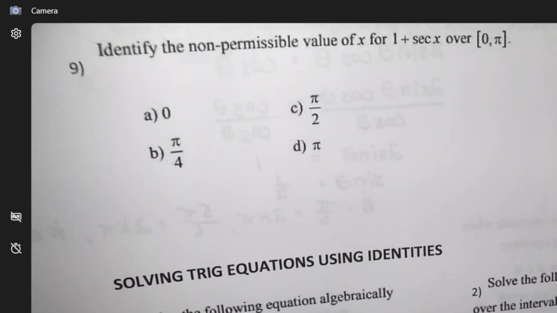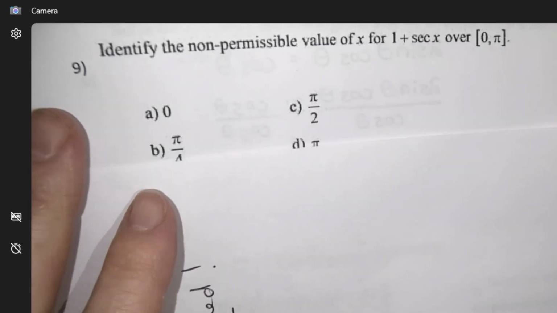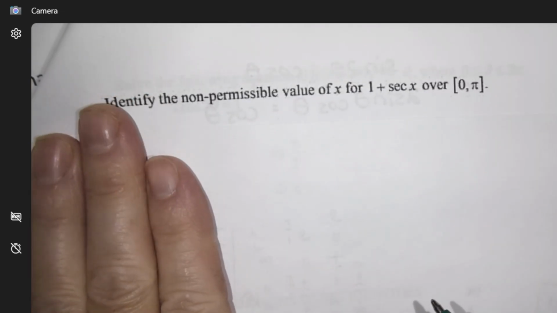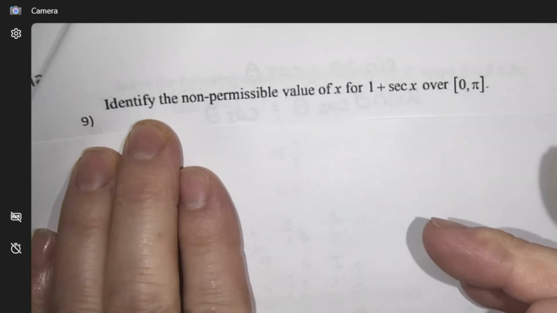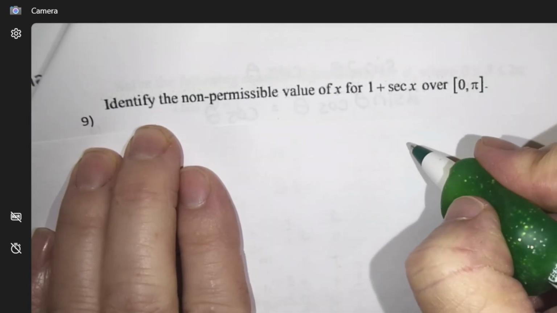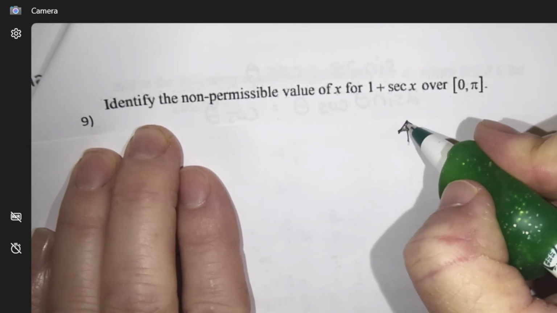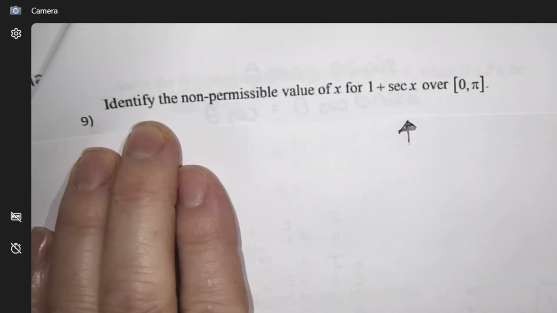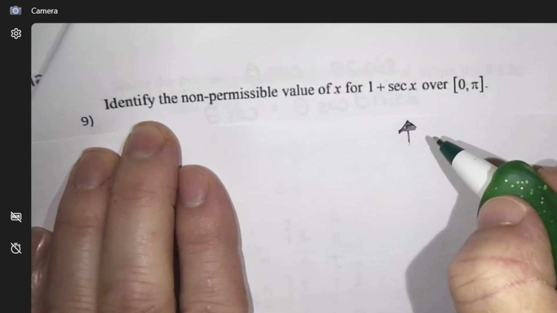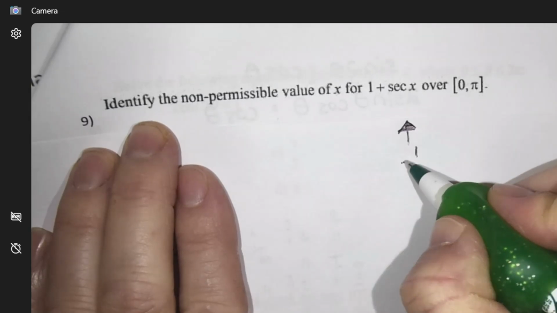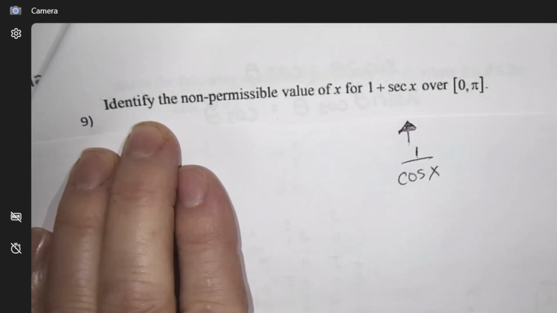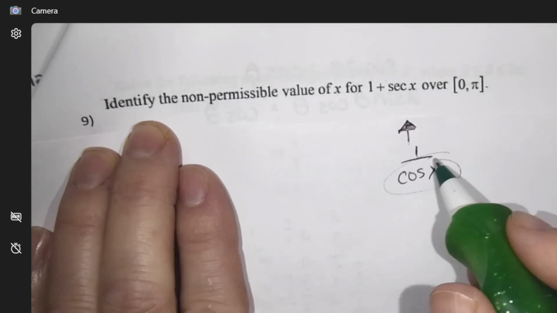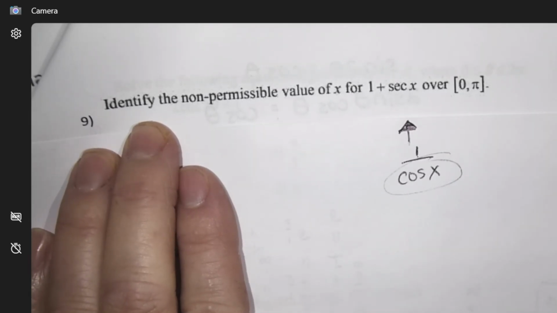Okay, and then flip on page 9. This is the last question of the homework. Okay, so identify a non-permissible value. So secant is a problem if what? So what is secant the flip of? 1 over cos x. So I can't have a cos x value of 0.